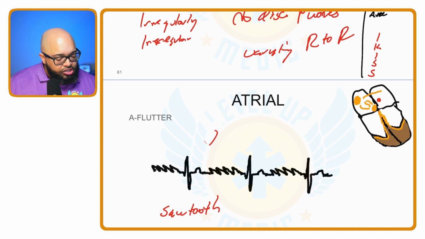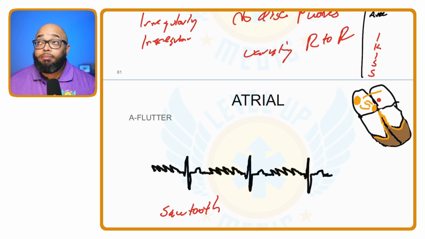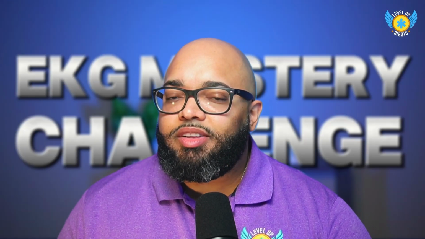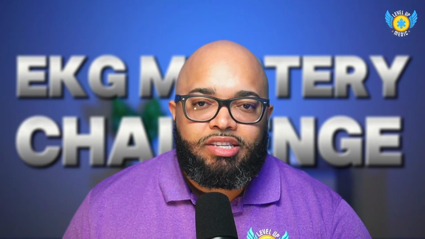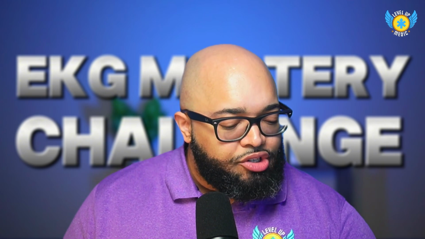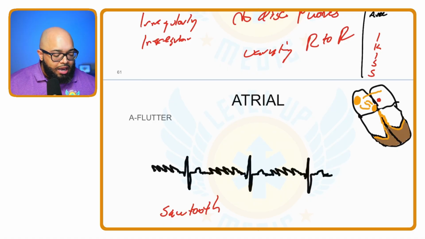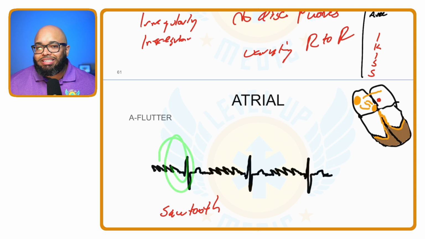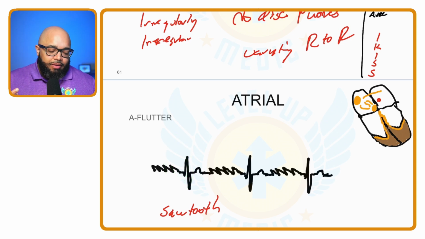Just like with AFib, the management of A-flutter may be the same. Sometimes you can have atrial flutter with a tachycardic rate, and sometimes with a bradycardic rate. It depends on what else is going on with the patient.